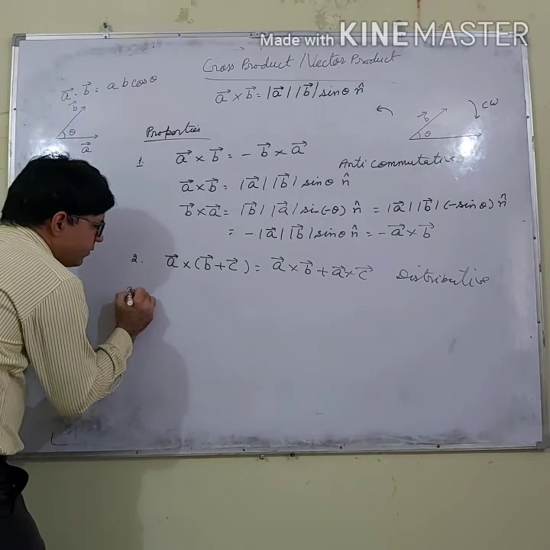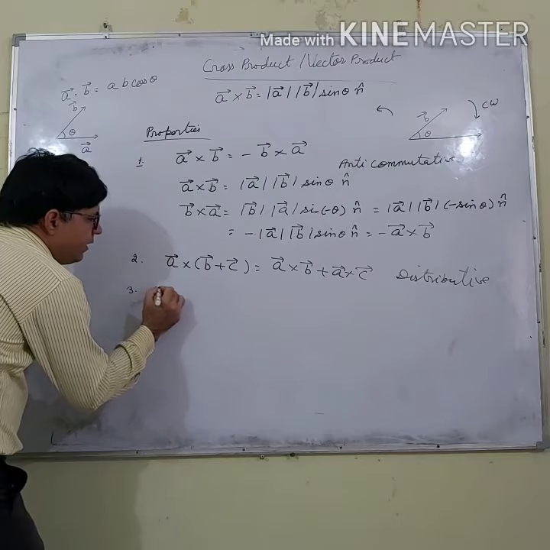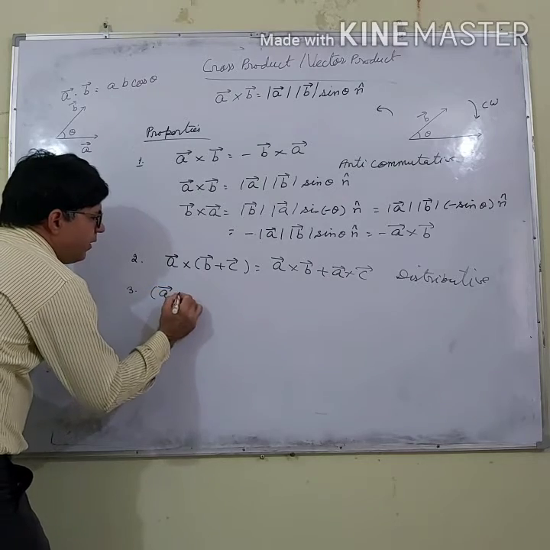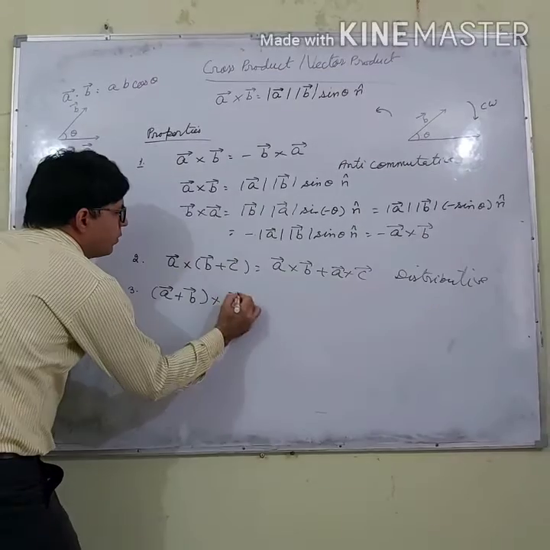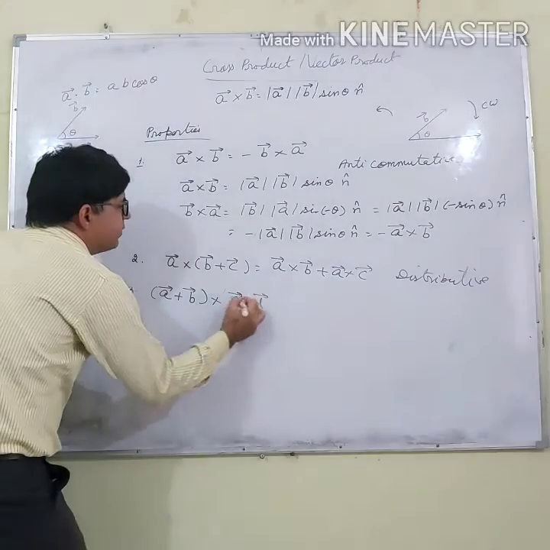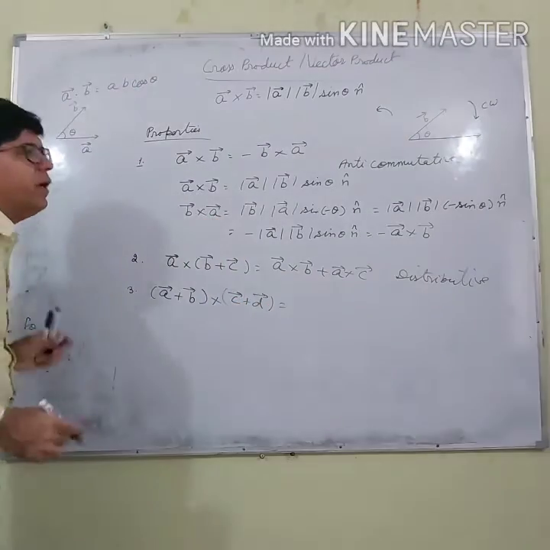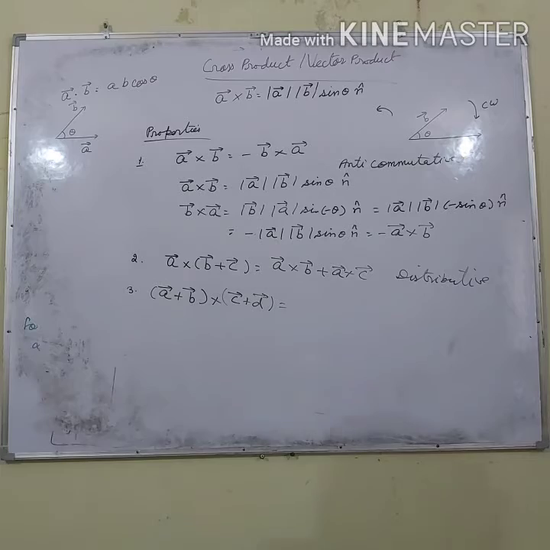Third is, if I say vector A plus B cross vector C plus D, what will it be equal to?